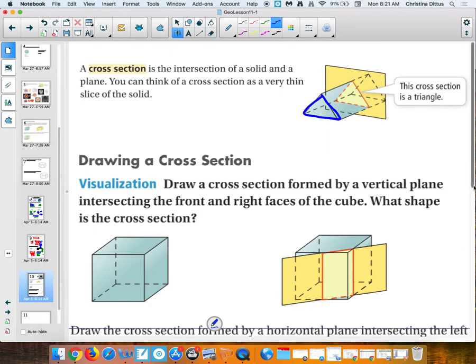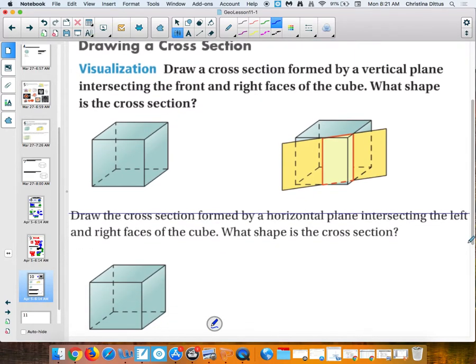Okay? The hard part for me is when we cut not parallel to a base. So notice this one says draw a cross section formed by a plane from the front, so this guy, and the right face. So the shape you don't have in your notes is this right here.